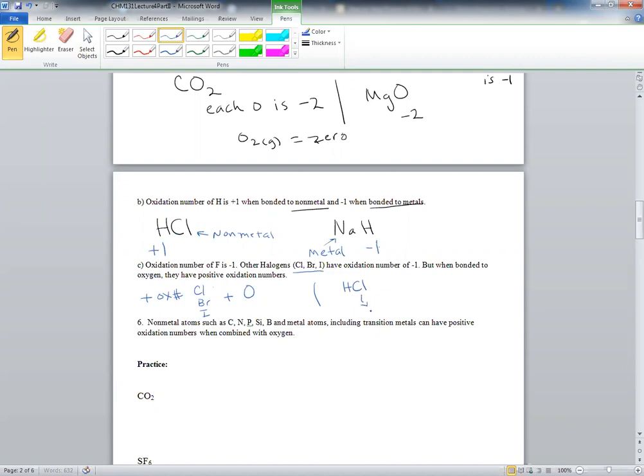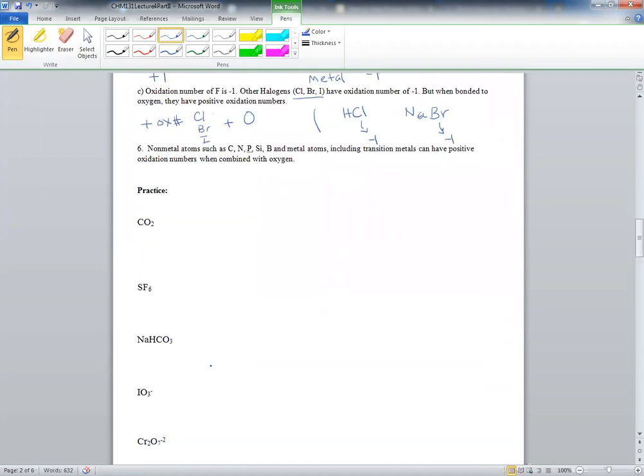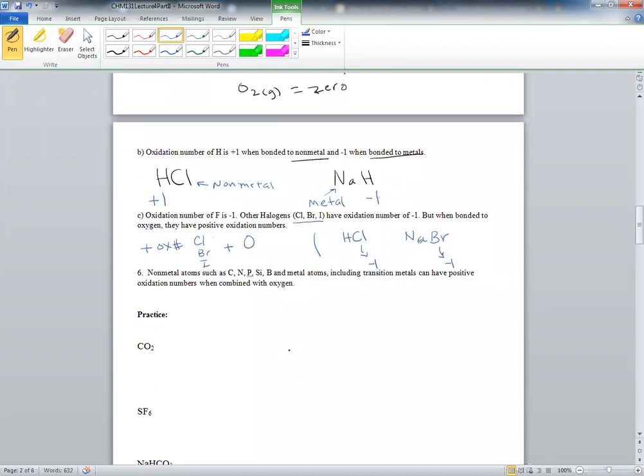Or if I had something like NaBr, that's not an O. That's going to be a -1. We will get to these, chlorine, bromine, and iodine, where they actually will become positive oxidation numbers.